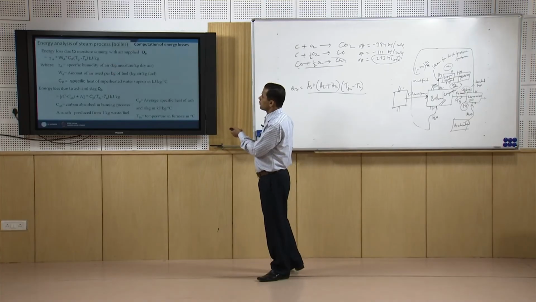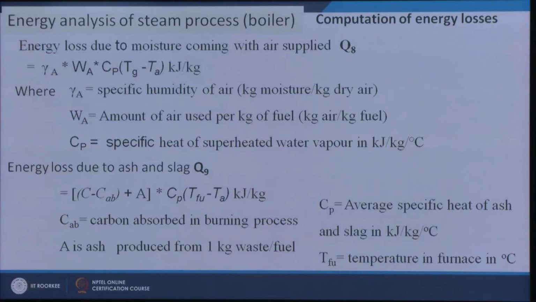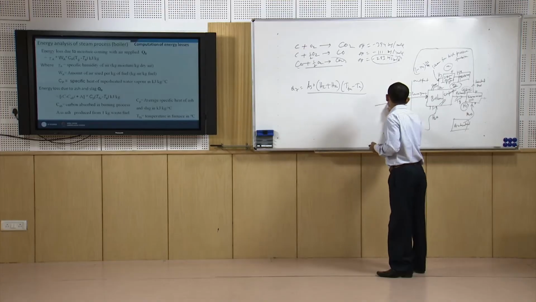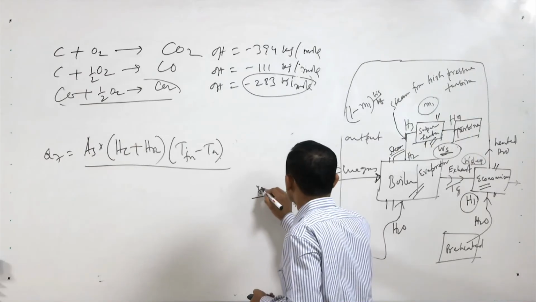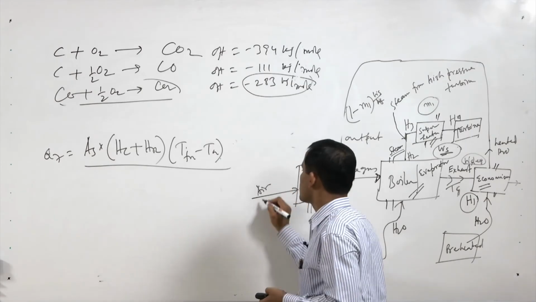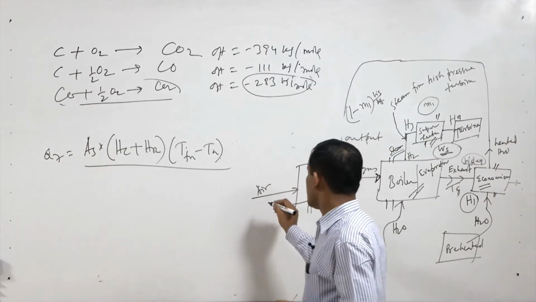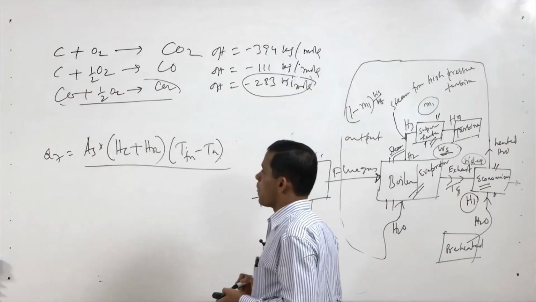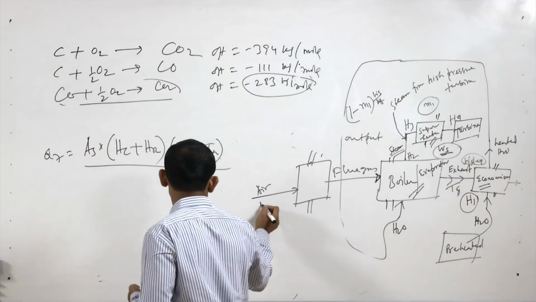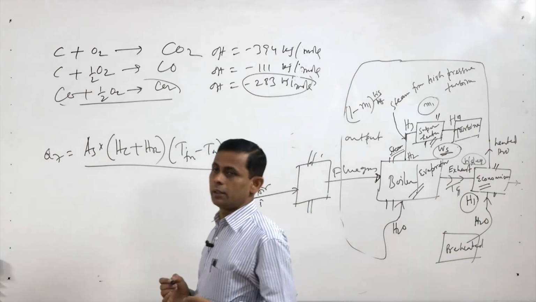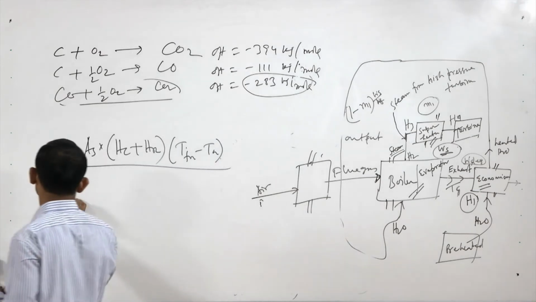Next we will see the energy loss due to moisture coming with the air supplied. We are providing air for the combustion, and it may contain some amount of water. The moisture available here can be determined on the basis of the humidity of the air.